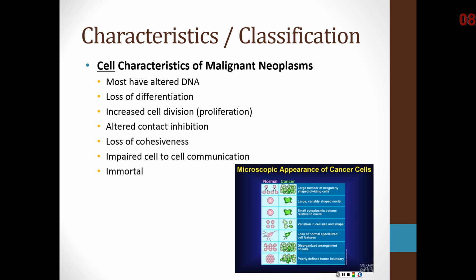Then we have what we refer to as altered contact inhibition. In normal tissue, cells recognize, say we talk about from fetal development, as the cell specializes and becomes a stomach cell, that stomach forms itself, and it does not start to invade and grow into the pancreas or the spleen that are sitting right next to it, or grow up into the esophagus.